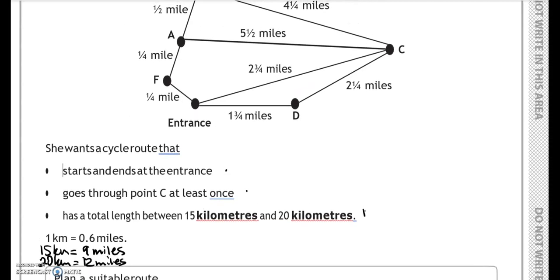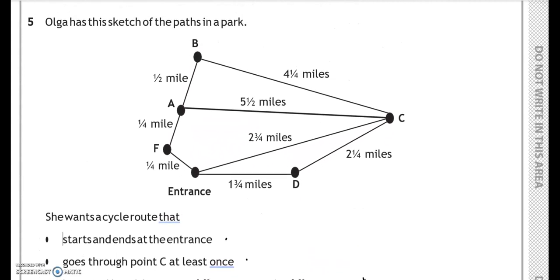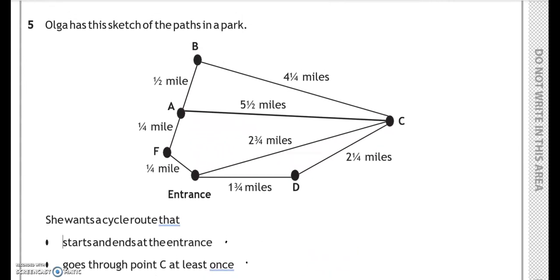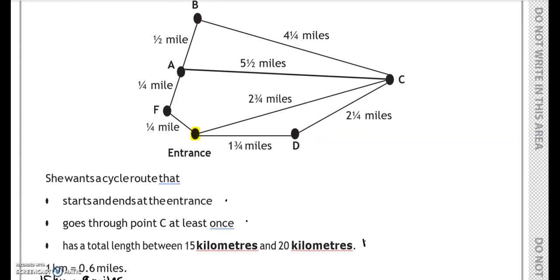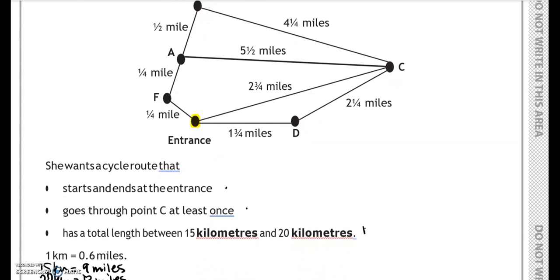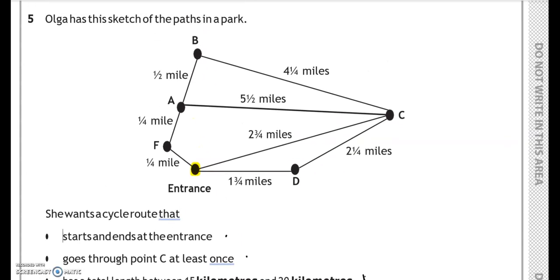Let's have a look at the routes. So we're going to start here at the entrance and we're going to go through point C at least once. And it's got to be between 9 and 12 miles, so not a very short route.